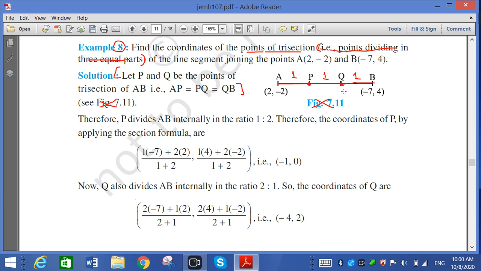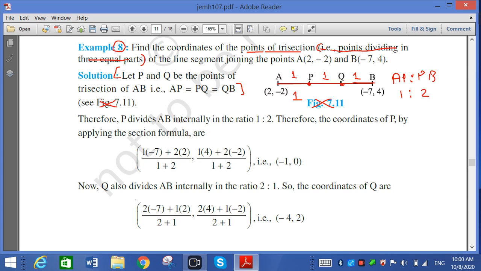AP is 1 part, and if I take the ratio AP to PB, then it is 1:2, because the total is 3 parts. From A to P is 1 and from P to B is 2. So AP:PB = 1:2.